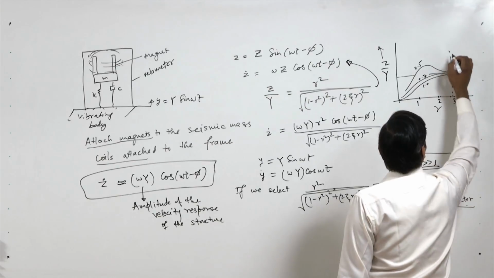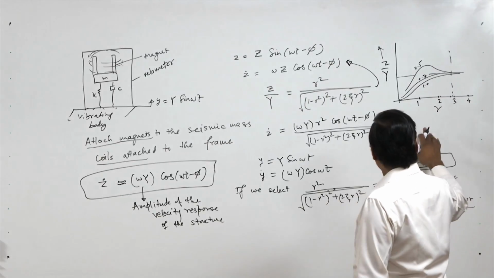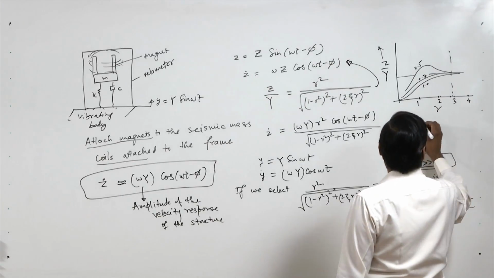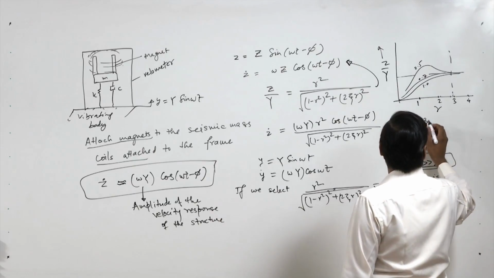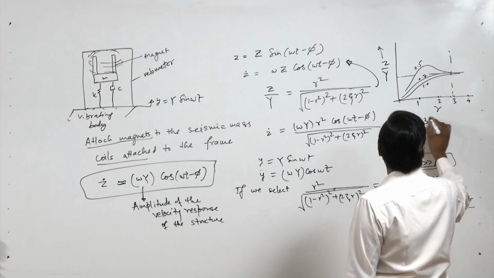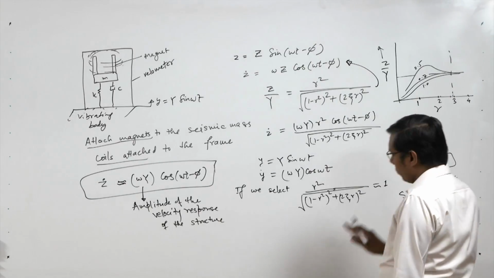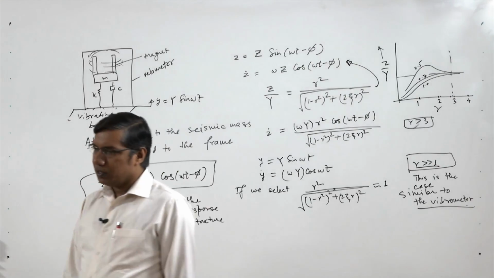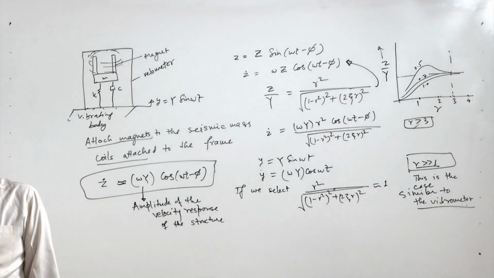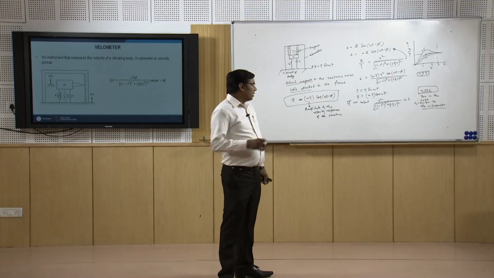Usually in the case of the vibrometer we said that R should be greater than 3, and similarly we will follow for the velocity pickup or velometer, that in this case R must be greater than 3.